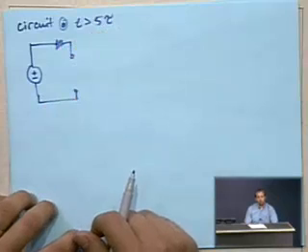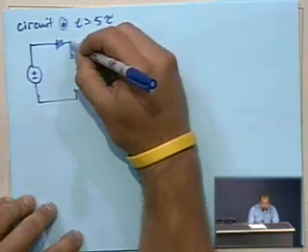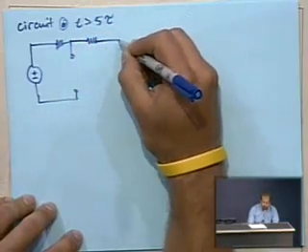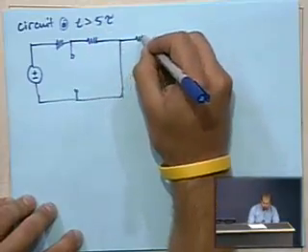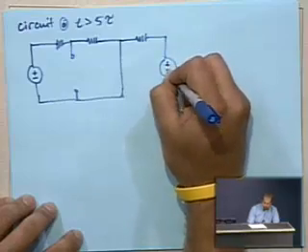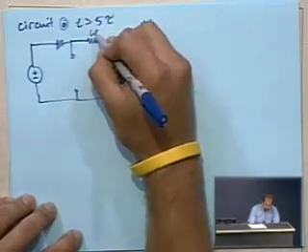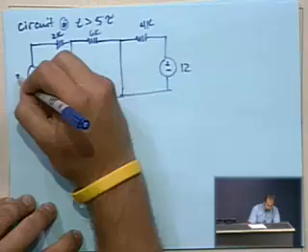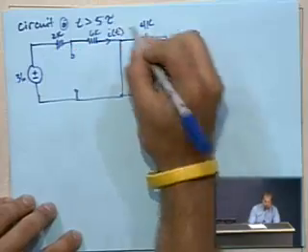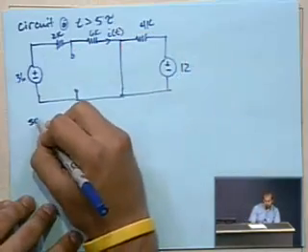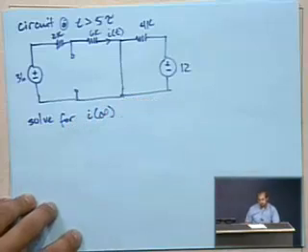We'll draw on the terminal so you remember that it was there in the first place. We've got the 6K resistor. Here's where the switch has been closed. And then we've got the 4K resistor and the 12 volt source. 6K, 2K, 36 volts. And again, we want to solve for I of t, and specifically, we're going to call this one I of infinity.